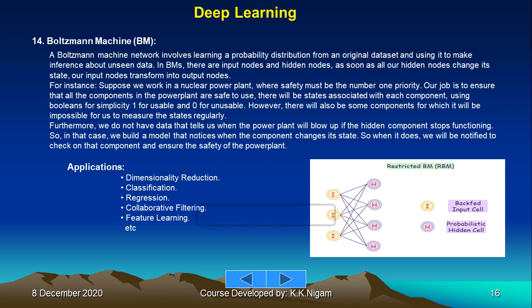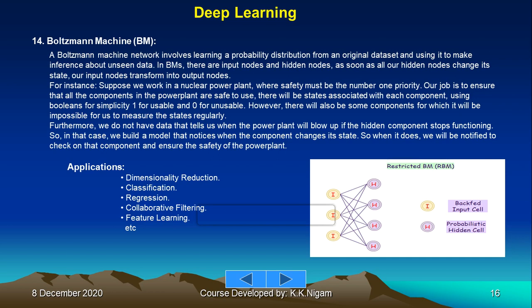For instance, suppose we work in a nuclear power plant where safety must be the number one priority. Our job is to ensure that all the components in the power plant are safe to use. There will be states associated with each component using Boolean, for simplicity 1 for usable and 0 for unusable. However, there will also be some components for which it will be impossible for us to measure the states regularly.